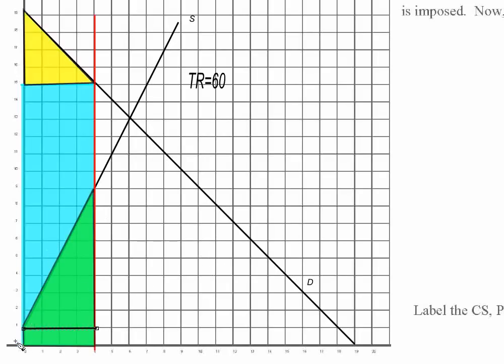The bottom part is just 1 times 4, or $4, and the top is 1/2 times 4 times 8. 4 times 8 is 32. This top part is 16, and so the 16 plus the 4 together gives us variable costs of 20.